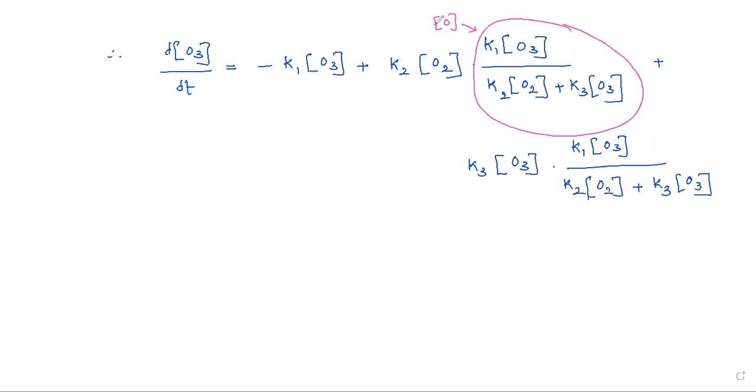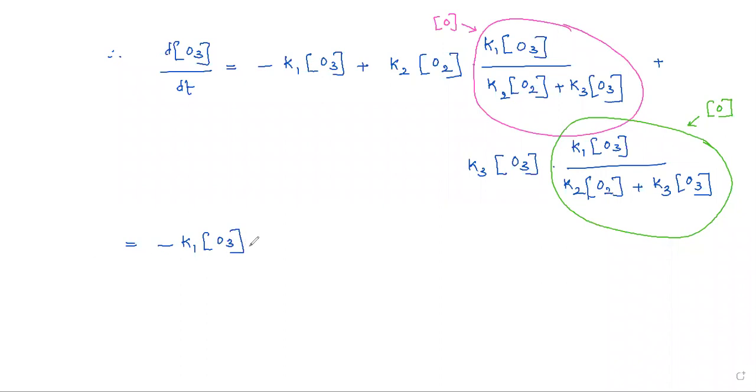The same thing again, because this again is your nascent oxygen term, the concentration of the intermediate. Now from this, we can simplify again. And it can be written as minus K1 into O3. Keep it as it is.